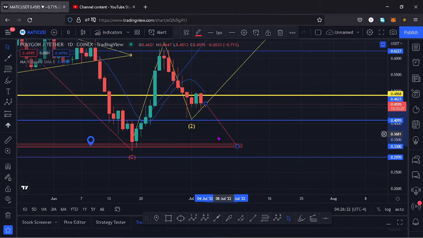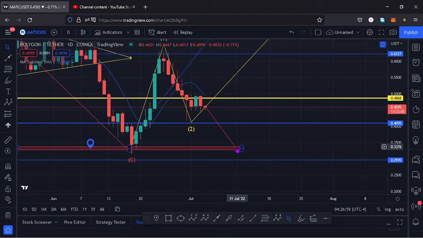And if we go to this key area of support, that is the low at around the $0.31 mark once more, that will be invalidating this move to the upper side, and that would mean that the low is not in, and we'll have to recount the Elliott waves, that is begin another Elliott wave count to the upper side.